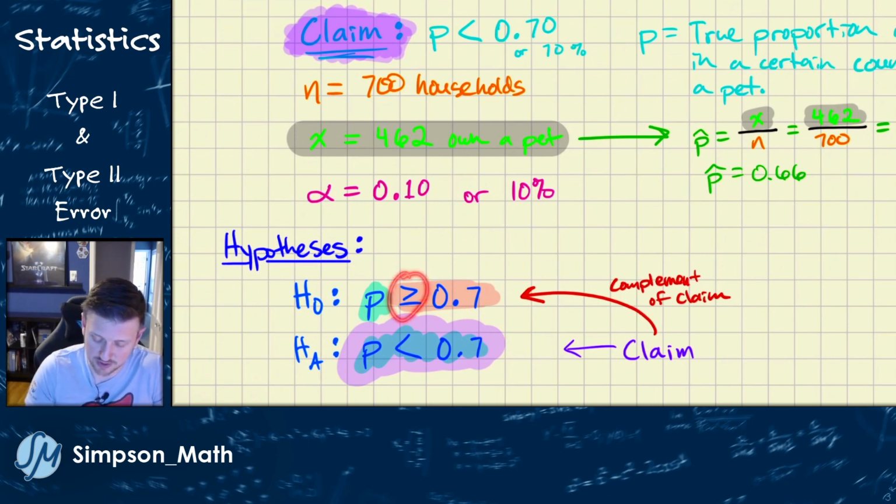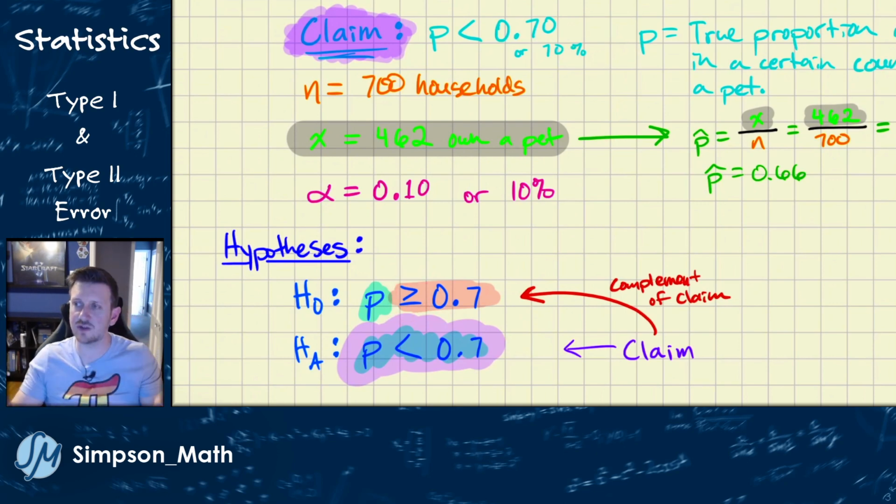We just say equal to, because if I'm wanting to show that it's less than 0.7 and my results come back bigger than 0.7, well, I don't have any business trying to do the test. So we just kind of stop. But Larson, 8th edition, and older editions, they do use this, which is fine. It kind of covers all the bases. So that's how that greater than or equal to works.